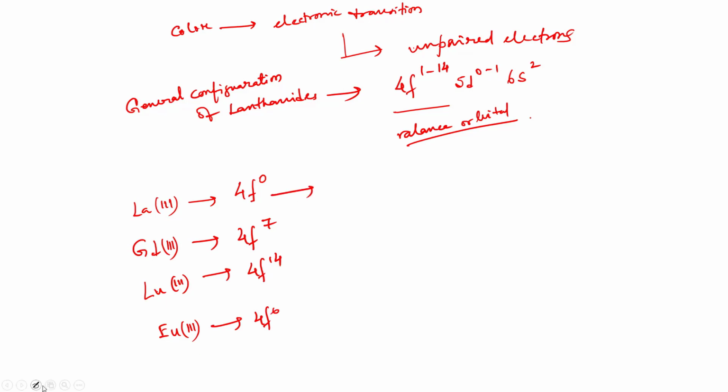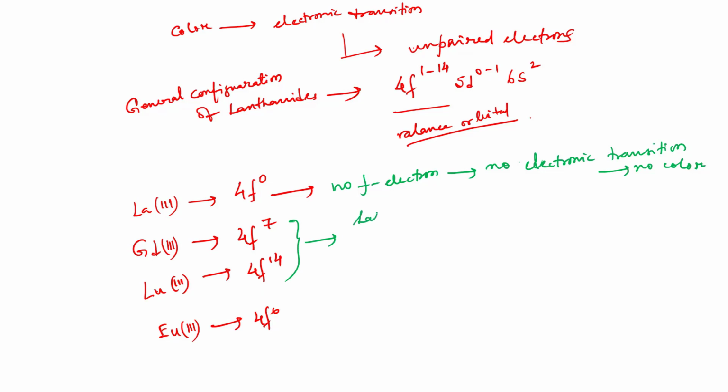Now in lanthanum 3+, there is no f electron, so no transition. It will give no color. In these two cases, the first is half-filled and the next one is fully filled orbitals.